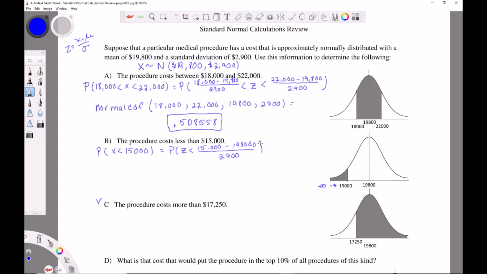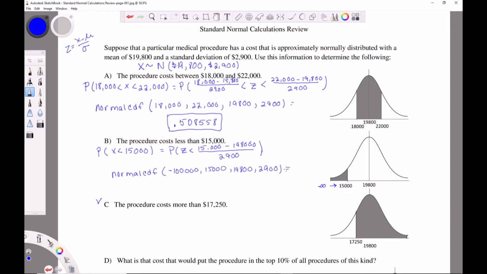I've already, like I said, drawn my curve, defined the random variable, so this should just be normalcdf. Now when you do this, the low end comes up with some kind of like negative 9E999 or something like that. You can leave it like that or just put in a really small number. And so I put in negative 100,000 up to 15,000 with 19,800 as my mean and 2,900 as my standard deviation.